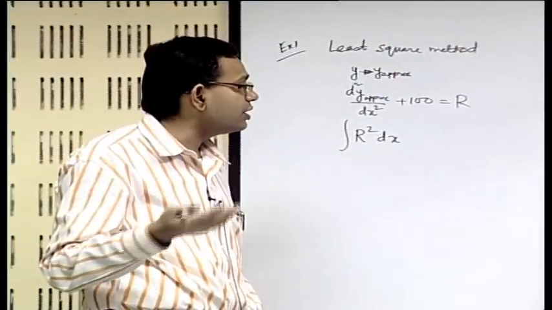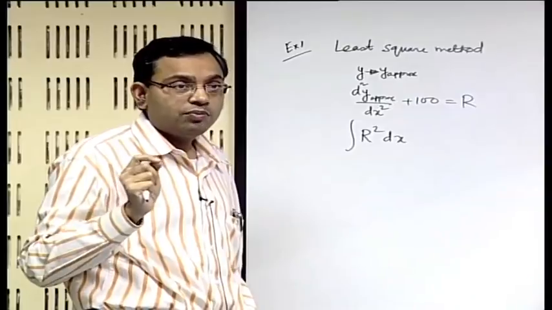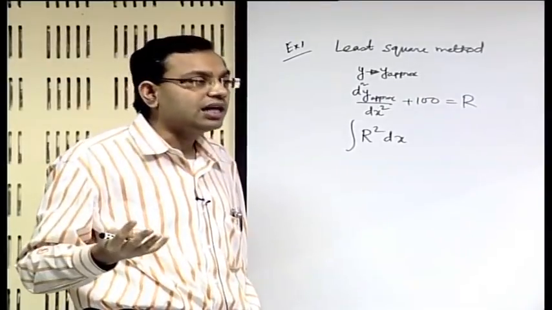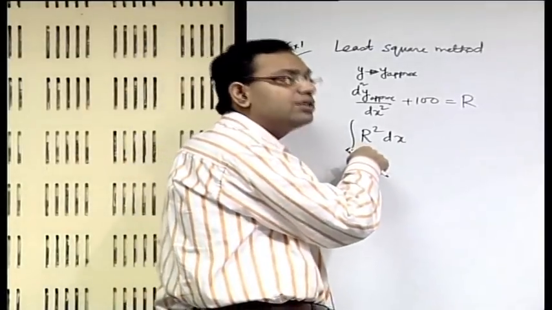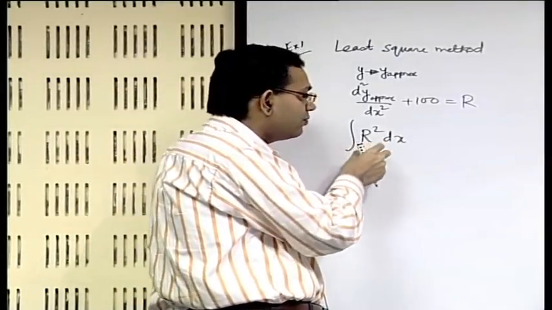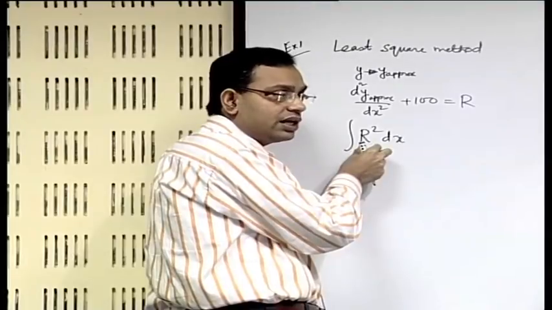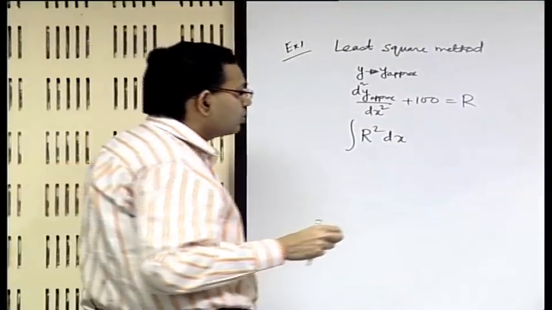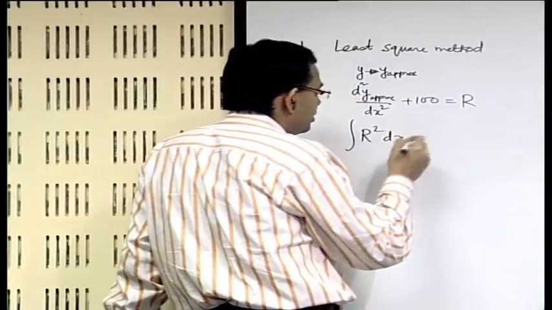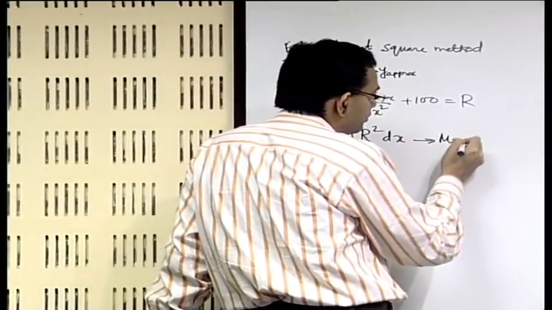Alternatively, one could actually do with the mod of the residual, but because the algebra with the mod is tedious, one does not go through the mod, but one basically finds the square, which anyway is always positive and therefore is indicative of the magnitude of the error, and then tries to minimize that. So, this now needs to be minimized.